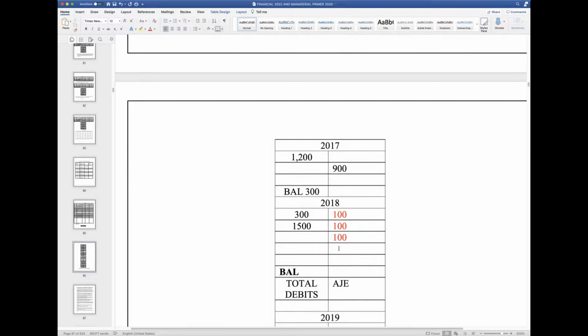Well, we got to make sure everybody can understand. If you were paying on a cell phone at the rate of $1,200 a year, and you started April 1st, 2017, you would still pay that 100 for January, February, and March. But then what's happening in April?